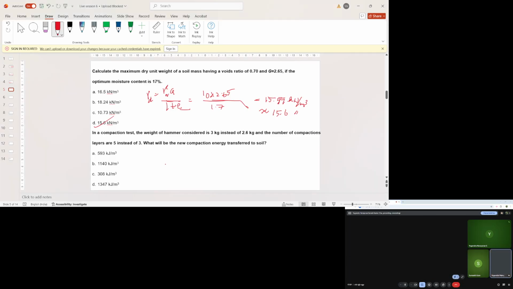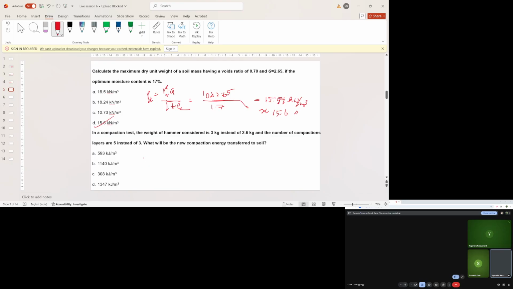The hammer considered is 3 kg instead of 2.6 kg, sir. Then it is only the new compaction energy, right? You did not calculate the difference. You can just use the new values of hammer weight and number of layers and calculate it.